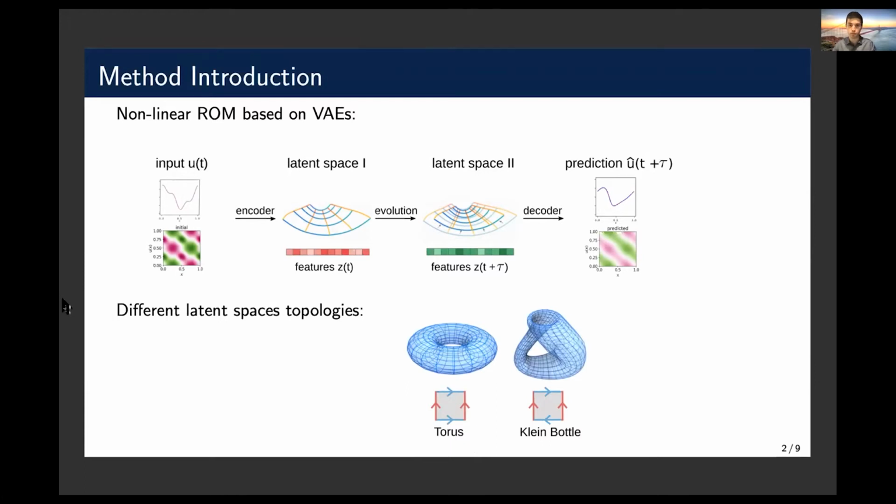A reduced order model would use high dimensional time series data and try to find a good low dimensional representation of it, which contains the necessary information about the system.